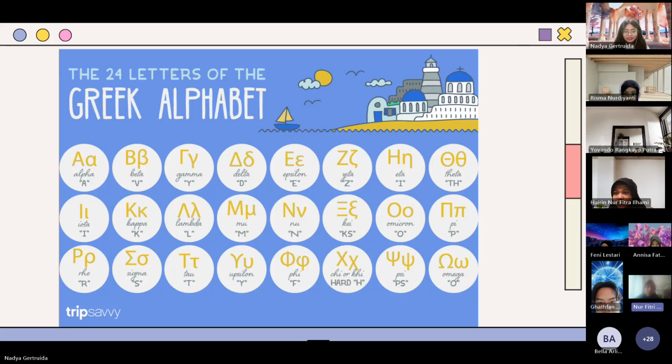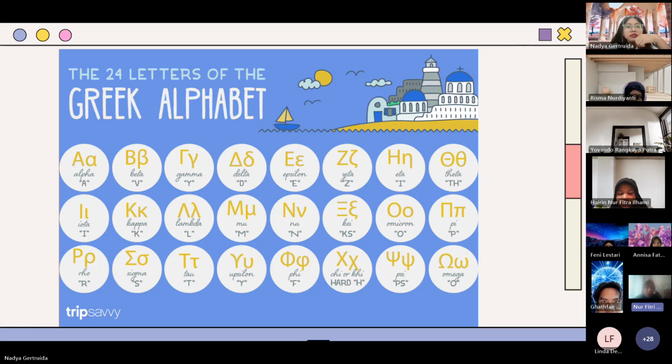The pronunciation is beta, like V. Next is gamma, the symbol like Y in the alphabet. And the next is delta, we say delta.